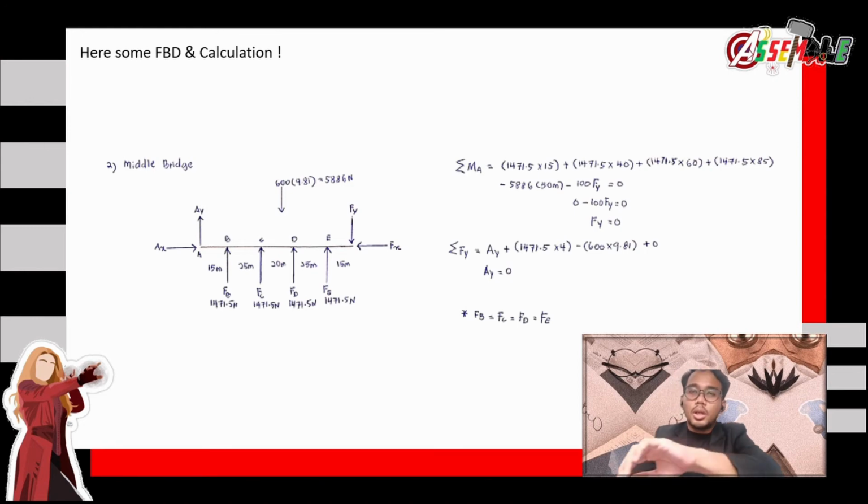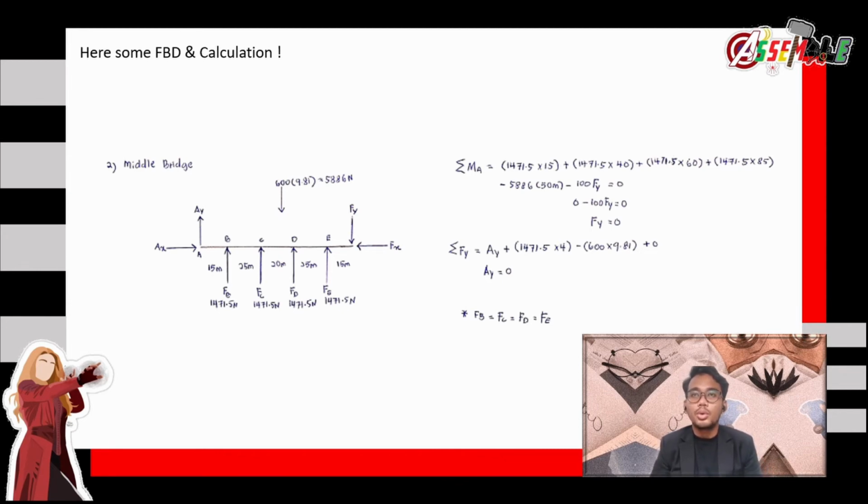As we can look at the formula, we use FBD, where we take 5,886 divided by 4, so we get 1,471.5. We multiply by the distance, and then at every point we add, so we get 40, 60, 85.